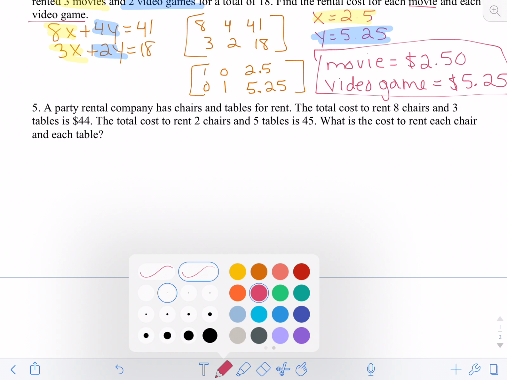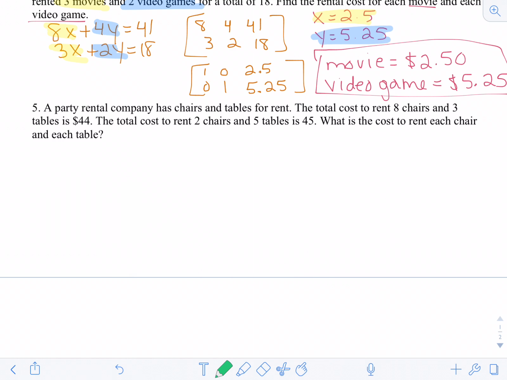All right, last one. It says a party rental company has chairs and tables for rent. The total cost to rent 8 chairs and 3 tables is $44, and the total cost to rent 2 chairs and 5 tables is $45. What is the cost to rent each chair and each table? So same thing here. You have 8 chairs, 3 tables, it's $44. You have 2 chairs and 5 tables, and that's $45.